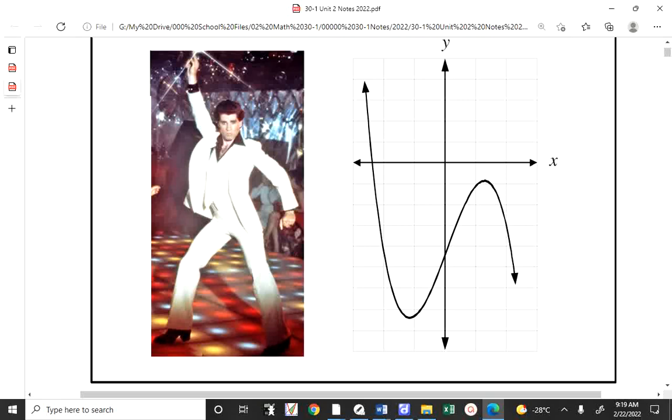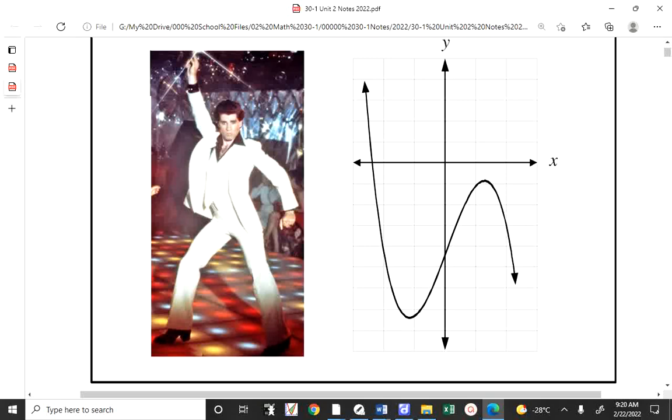And the only thing I will say to you without understanding the nature of the word odd for graphs is you can see that there's a certain curve in John Travolta's stance there that matches the curve of the function. Specifically, the arm on the left of the diagram is pointing towards the sky. The arm on the right is pointing towards the floor, just like the graph on the right is.